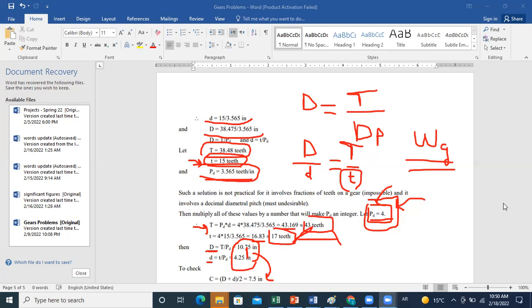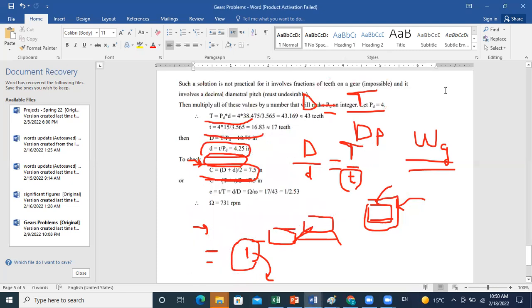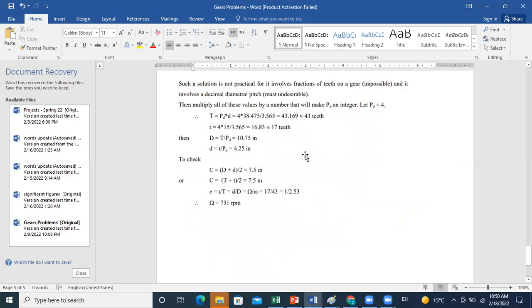Now for the second condition, I should be as close as possible to 720. Let me check with this combination. I can calculate the ratio of the number of teeth. So I have 14 and 17. If I do the ratio, I have 17 over 43, and this will allow me to calculate. The number of teeth of the pinion over the number of teeth of the gear is equal to the angular velocity of the gear over the angular velocity of the pinion.